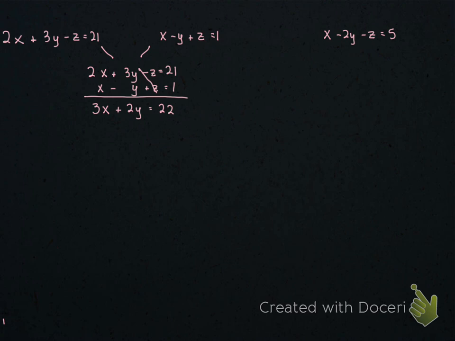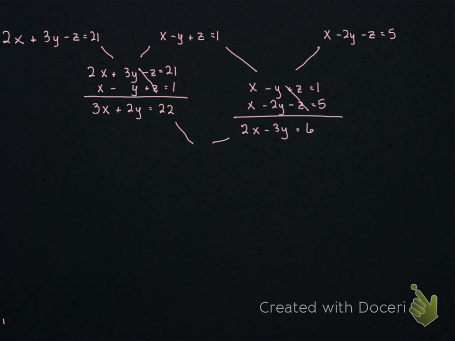Because I eliminated the z from the first two, I'm going to eliminate the z from these as well. So x minus 2y minus z is equal to 5, and again, the z's naturally cancel each other out: 2x minus 3y is equal to 6. So I'm going to put these two together, and depending upon what looks easier to eliminate, I'll make the choice on what final variable I want to get rid of.